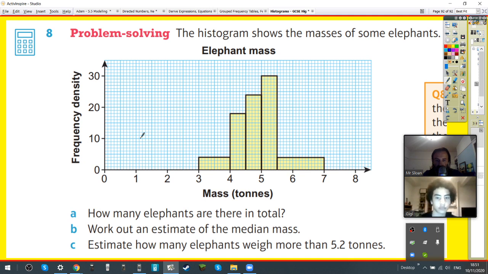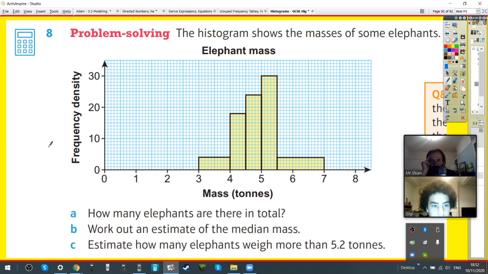All right. This one, how many elephants are there in total? Right. 1.4 plus 1.2 plus.